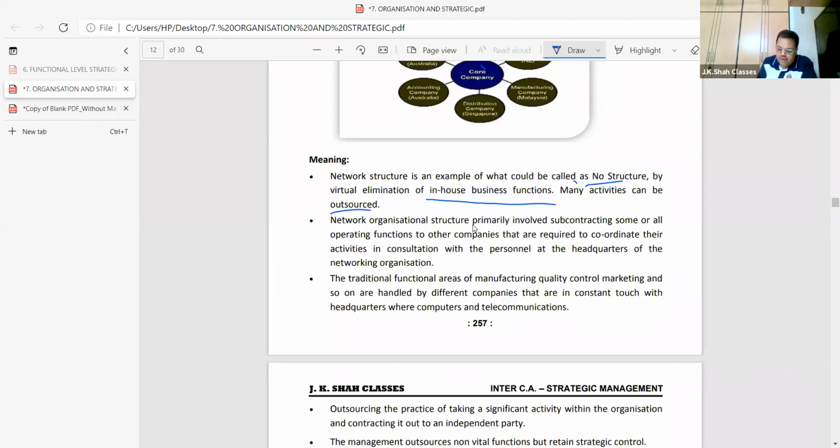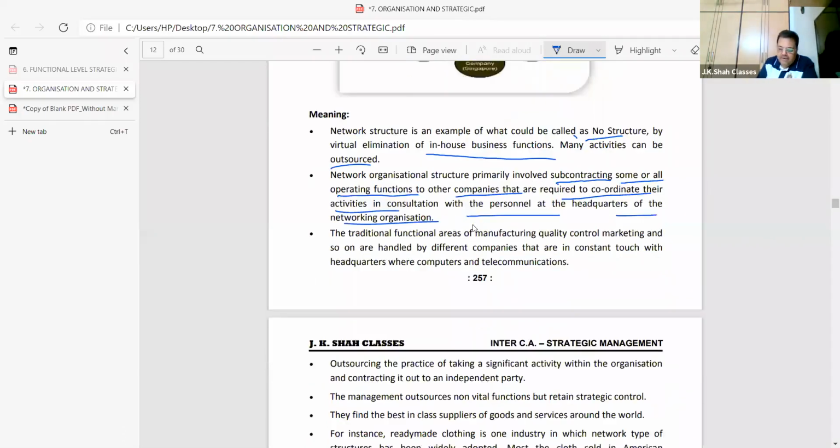Network organizational structure primarily involves subcontracting some or all operating functions to other companies that are required to coordinate their activities in person. Easy, understanding? The next paragraph says the traditional areas of manufacturing, quality control, marketing, and so on are handled by different companies that are in constant touch with the headquarters, where computers and telecommunications are managing the show.